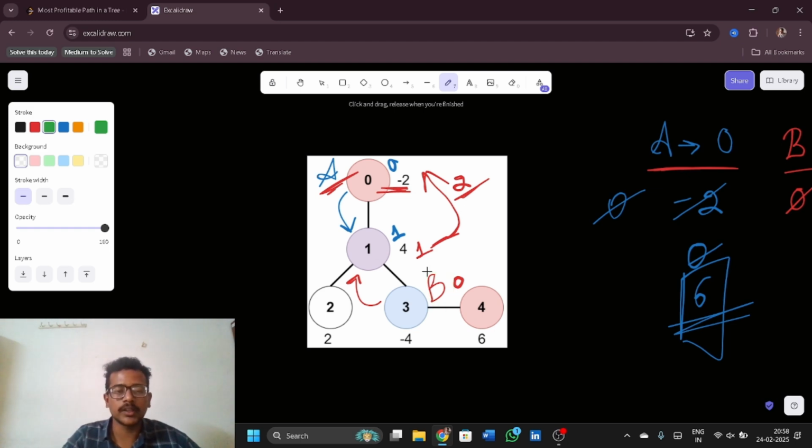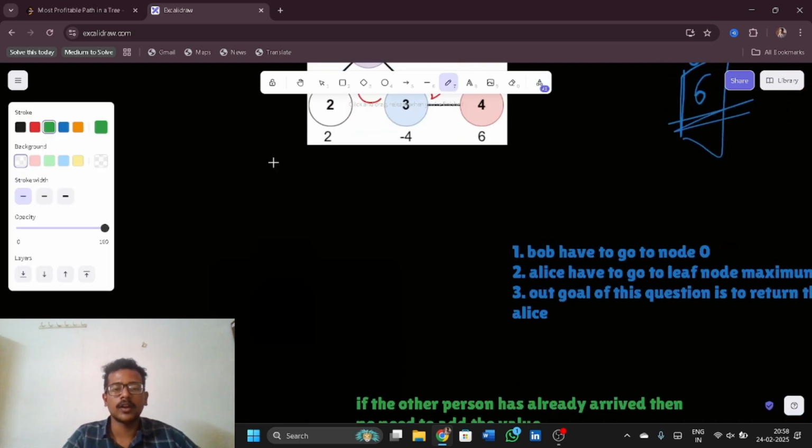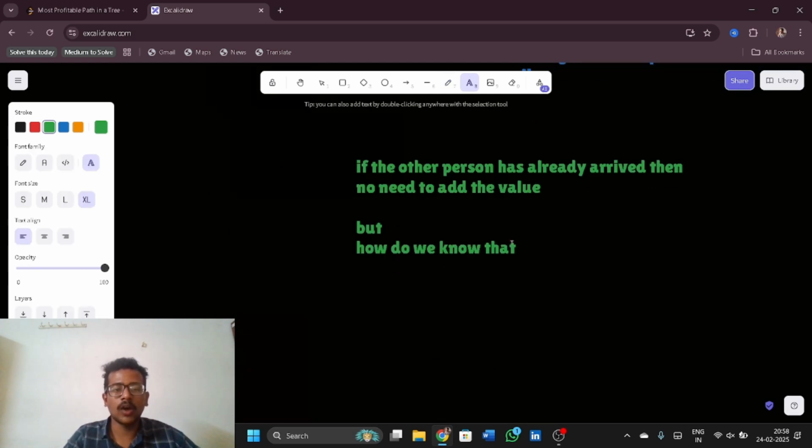So I'll do one thing. I'll go through a DFS for Bob and it will be hitting 0 and I'll stop it. And I'll store when the node is visited, the time is marked. Now I'll store it in a vector of int. Now, how do we know that?